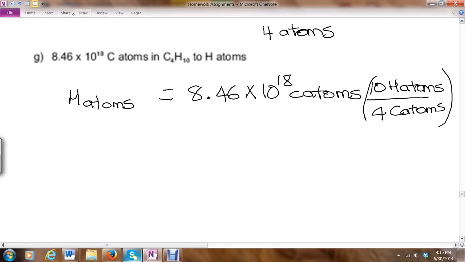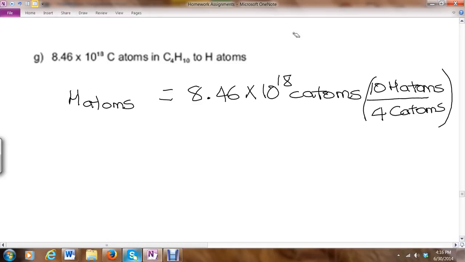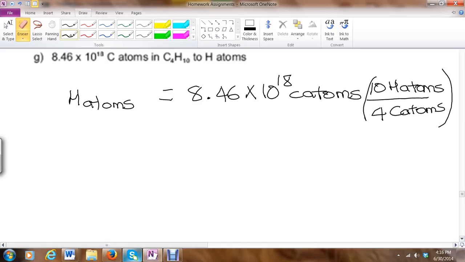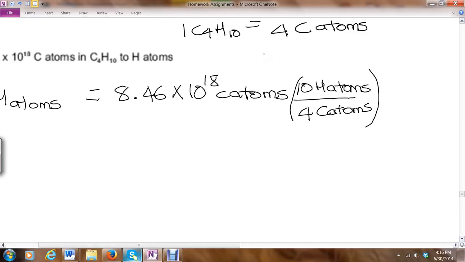Let's put it in a different way to see if you have a doubt here. In one butane molecule, you have 4 carbon atoms. And at the same time, in one butane molecule, you have 10 hydrogen atoms.